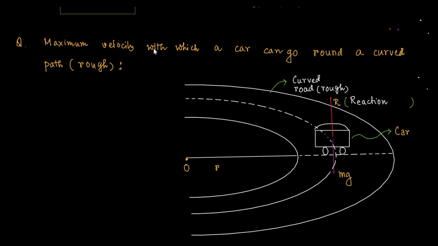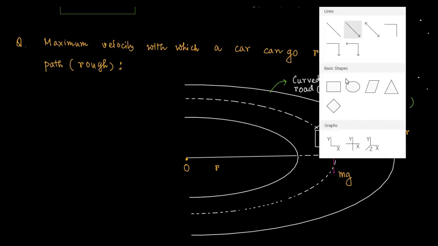This is the imaginary curved path along which the car will try to take a turn around the curved road.